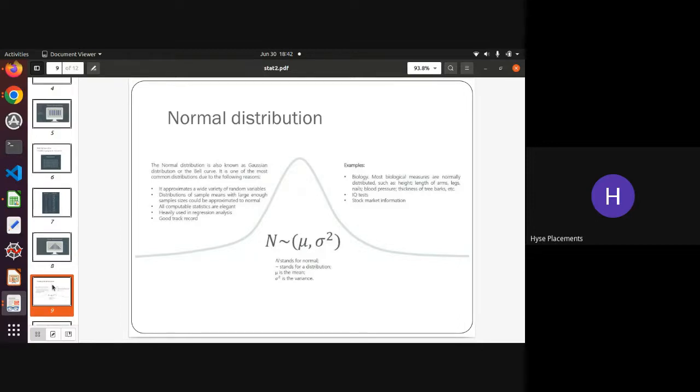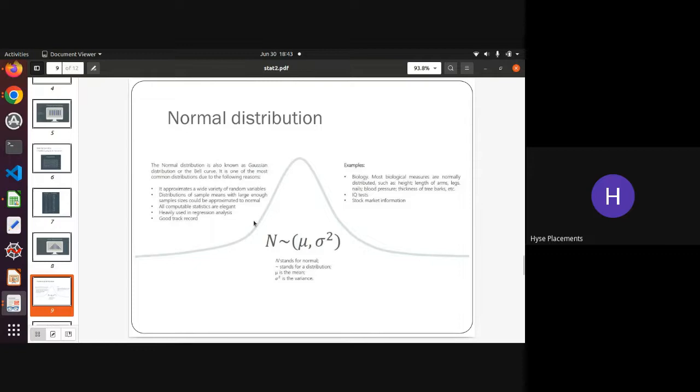The normal distribution is also known as the Gaussian distribution or the famous bell curve. It is one of the most common distributions for the following reasons. It approximates a wide variety of random variables.